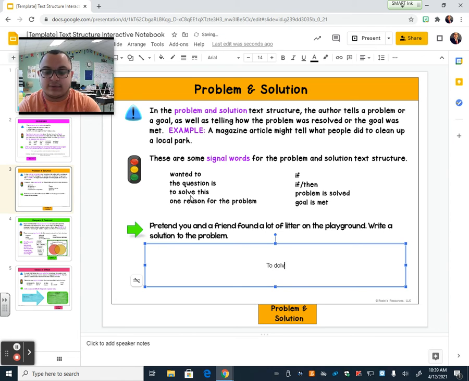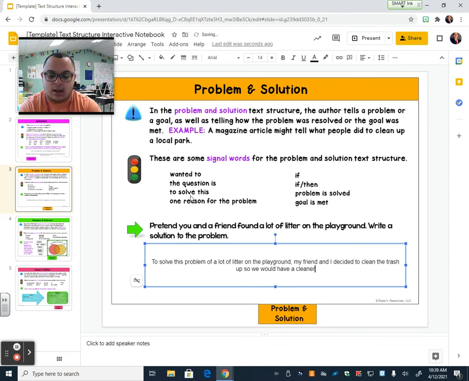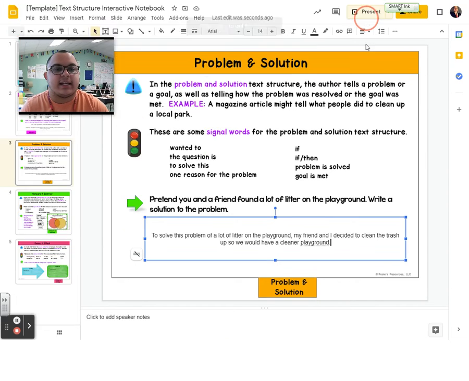So to solve this problem of a lot of litter on the playground, my friend and I decided to clean the trash up so we would have a cleaner playground. All right, so I wrote my solution. All right, let's keep going.